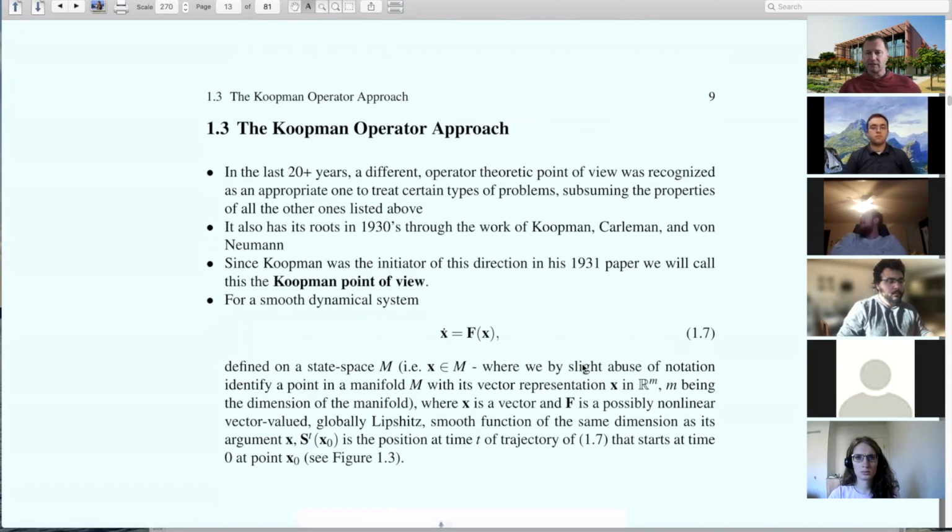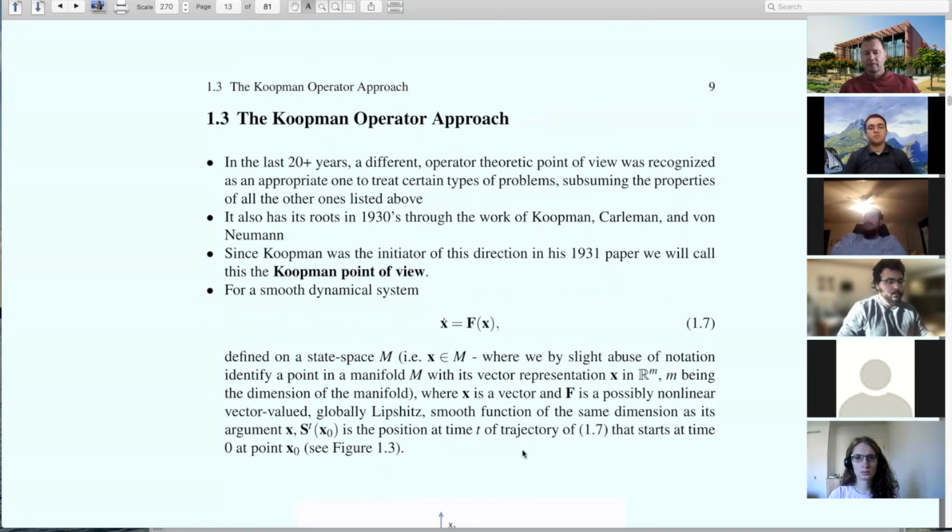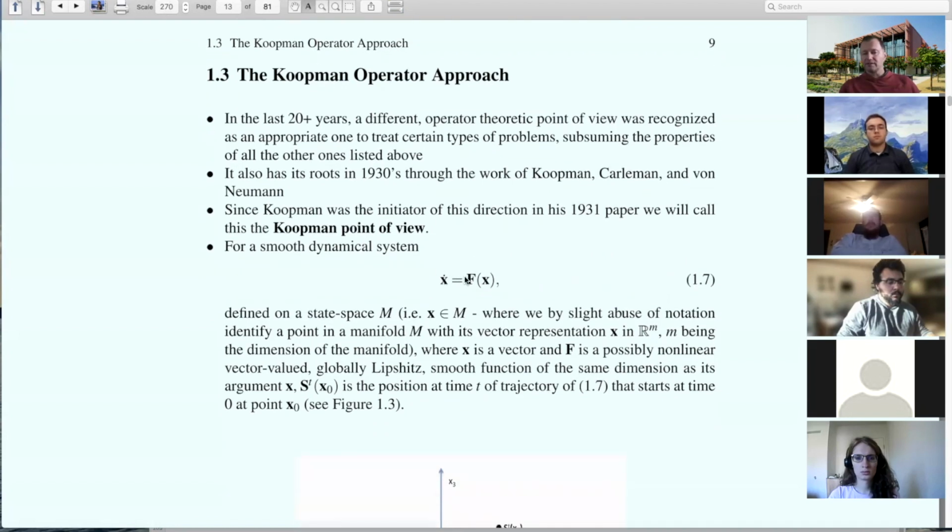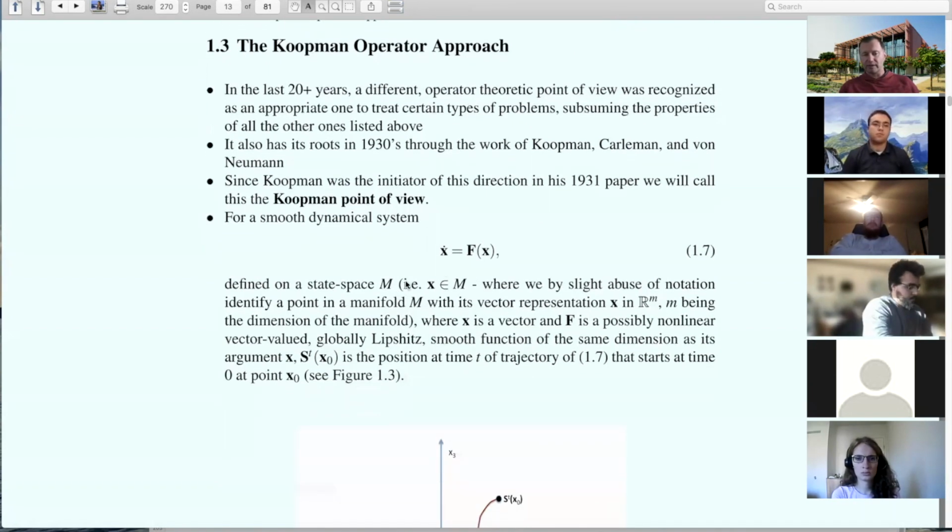So let's start with defining, starting from x dot is equal to f of x. This is for simplicity. Really, you could have much more general evolutions than this. But let's start with this because we have some background in it. So let's suppose that our x is on some space M. M could be, for example, a manifold embedded in Rm.